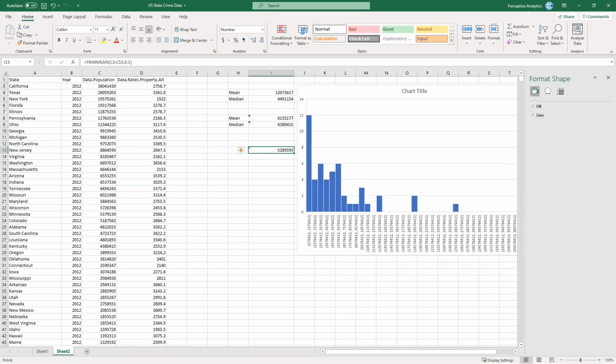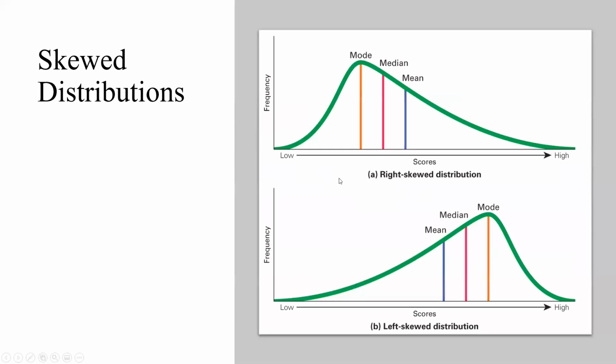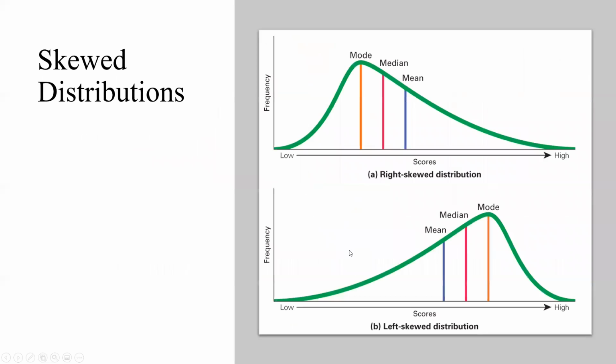Okay, let me quickly go back to our presentation. So that is about mean and median, and mode is something that we are all familiar with. Let's try and understand the distribution. If you recall the distribution we saw here, it's perfectly symmetrical about the center of the x-axis, and it's called normal distribution, or bell-shaped distribution, or bell curve distribution. But the distribution we saw in the Excel sheet is not a normal distribution.